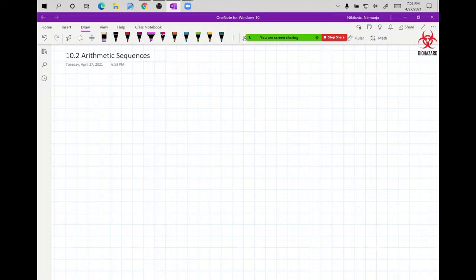The section before us is 10.2 on arithmetic sequences. We already know that a sequence is an ordered list of numbers. We also know that there has to be some kind of formula that generates that sequence, whether it's a standalone formula or a recursive formula, which uses one or more previous terms to generate new terms.